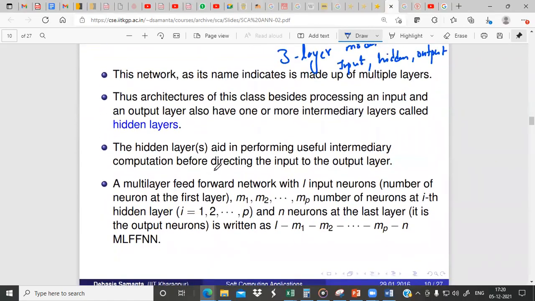So we are going to discuss a multi-layer feed-forward network with I neurons in the input layer.